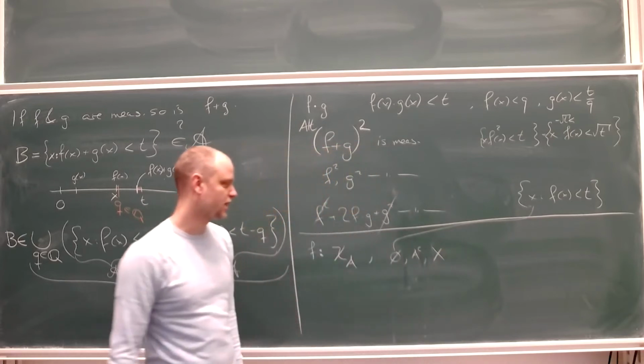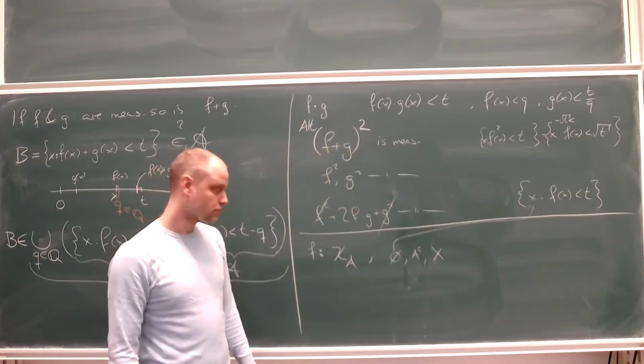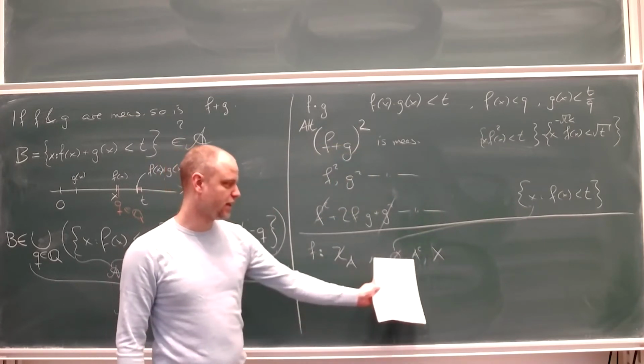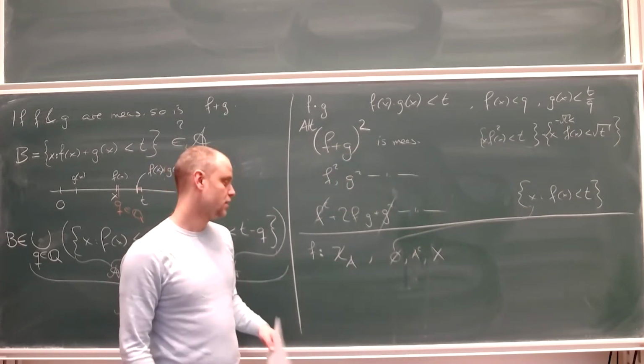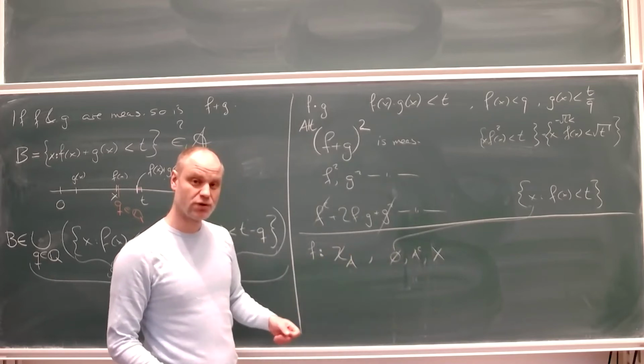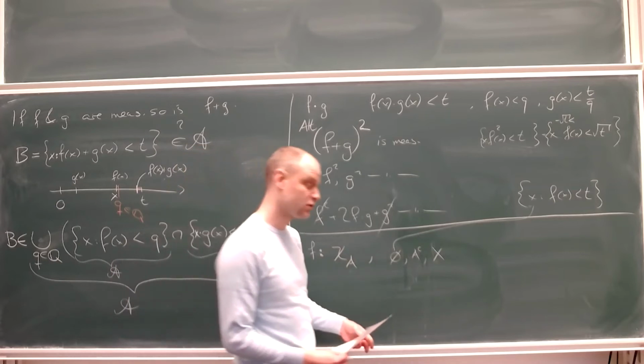We don't need to be on the real line here. So measurability of A and A complement is the same thing, right? So we see that this is measurable if and only if A is measurable.